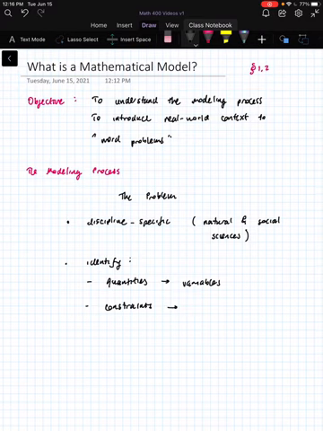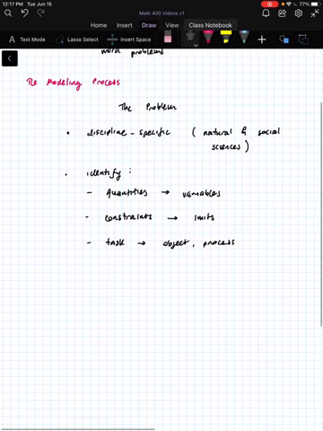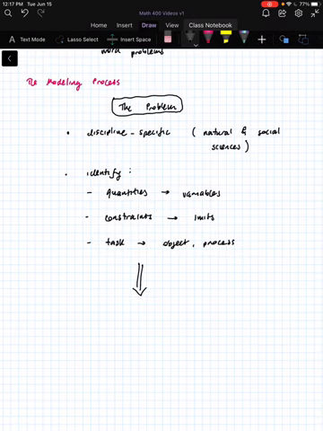So what must be true about the phenomenon that we're observing? And what's our task? So what is the process that's involved, right? So what is the object or the process or the objective? And that's where we bring in the math.